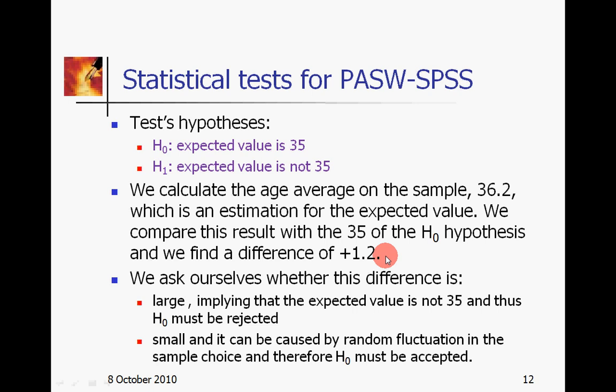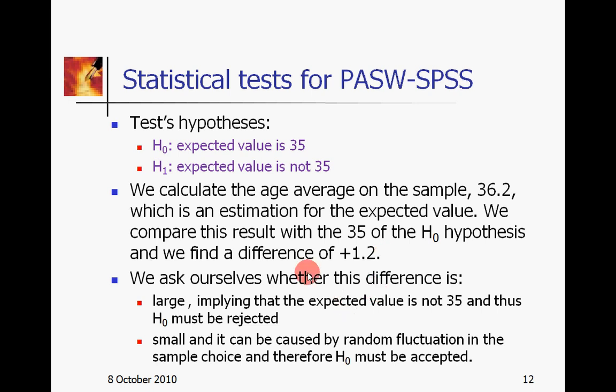This difference may be due to two different factors. The first factor is that our sample has been chosen unluckily. So we have been unlucky in the sample choice, and so it doesn't reflect exactly the population, or we have chosen a too small sample, so it doesn't reflect precisely the population, and thus there is a difference of 1.2.